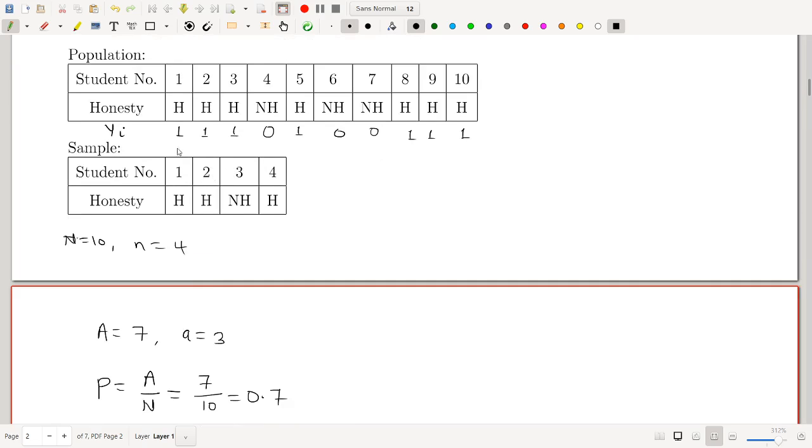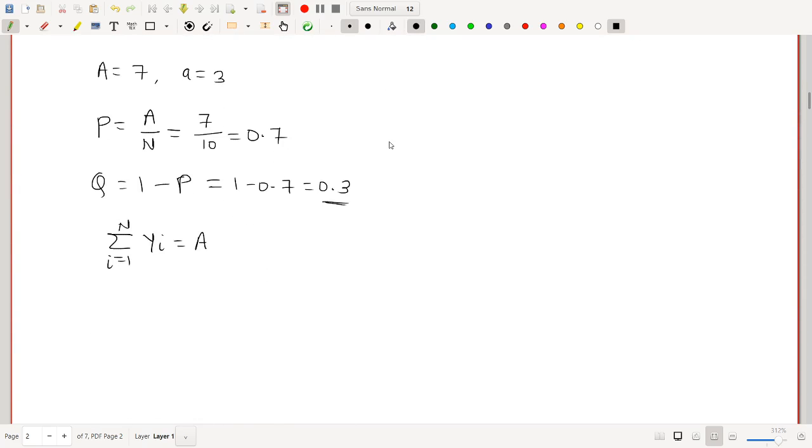Similarly, if we take the square of every value and then add, this is also the same as A, because 1 square is 1 and 0 square is 0. Right?